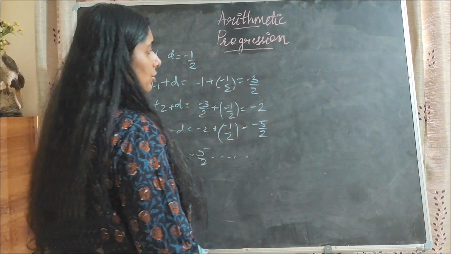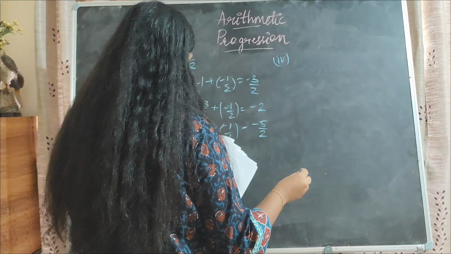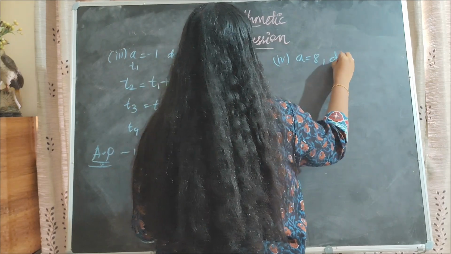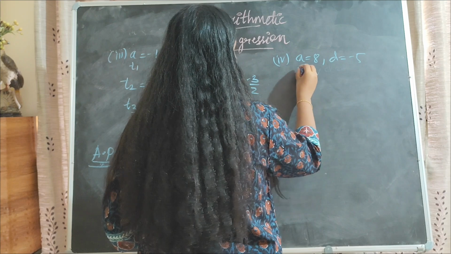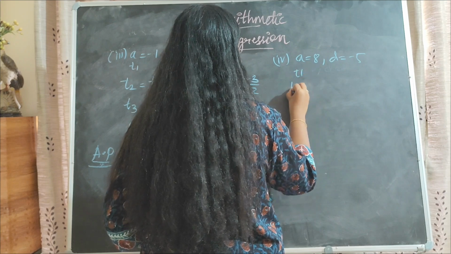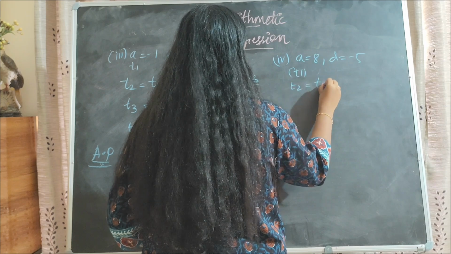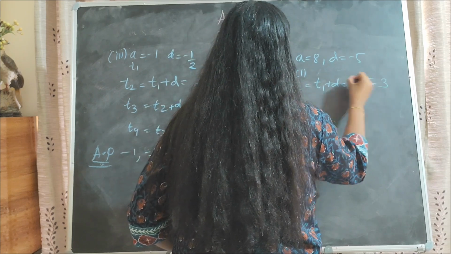On the last question, number 4. A is 8, D is minus 5. So now here we have T1. T2 will be given as T1 plus D. So 8 minus 5, which is 3.